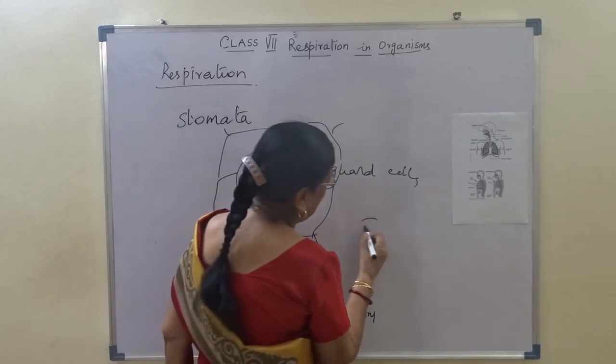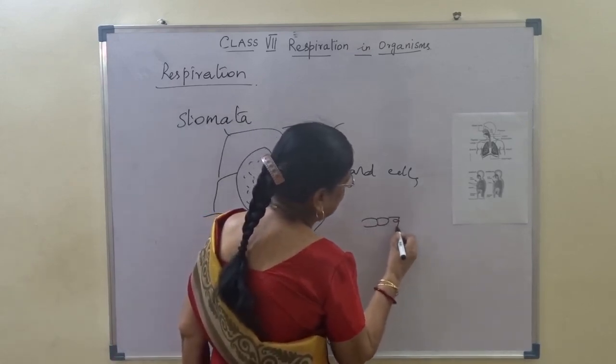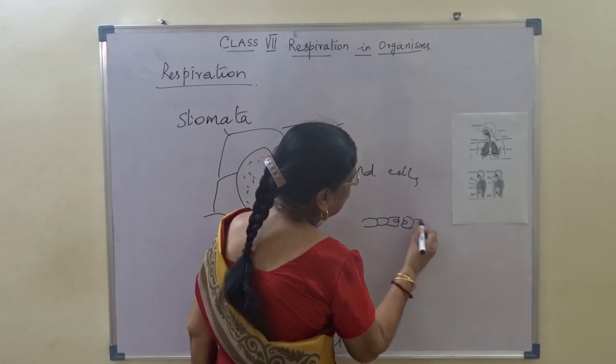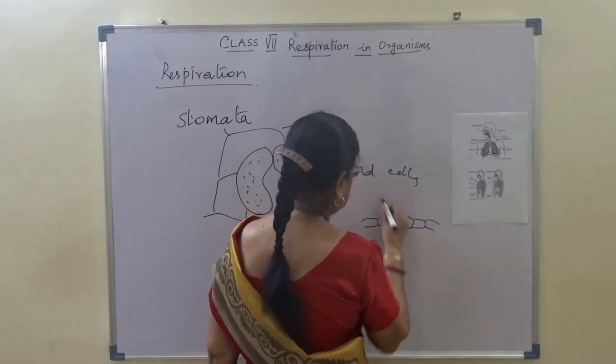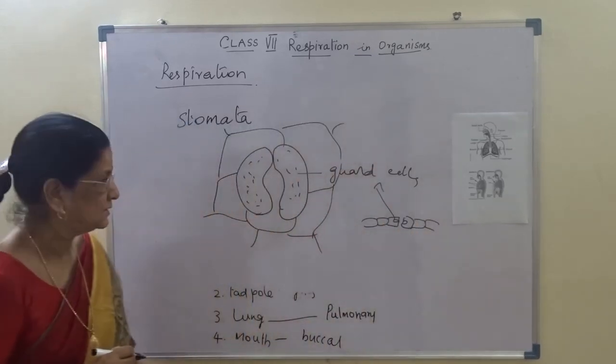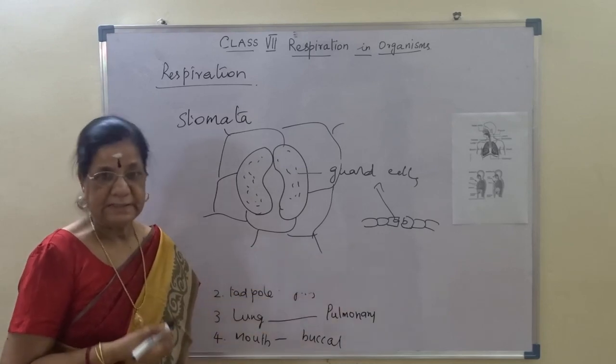Now this is the outer epidermal area where the stomata will be present. This is the guard cell. This is the epidermis of the leaf.